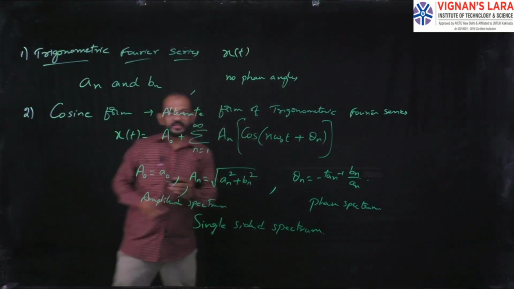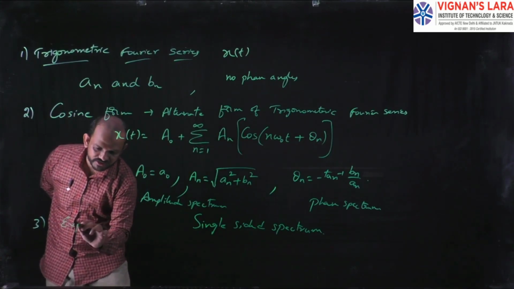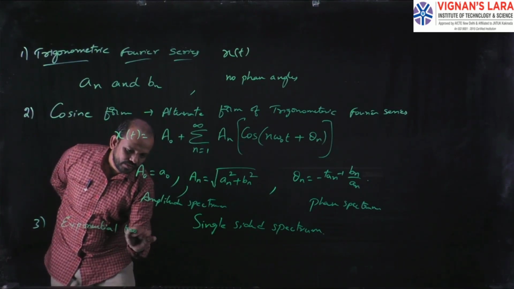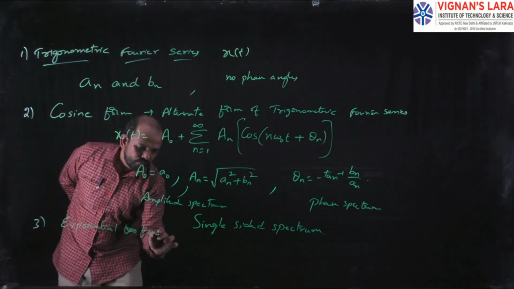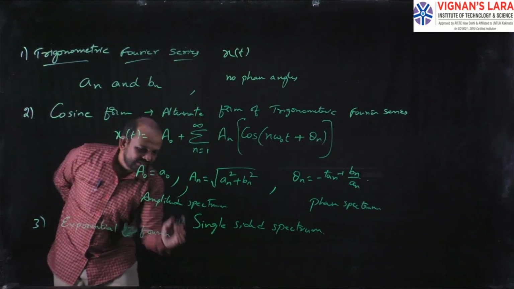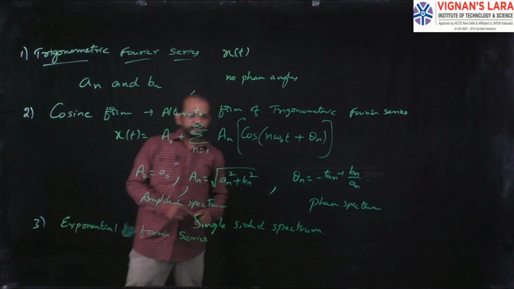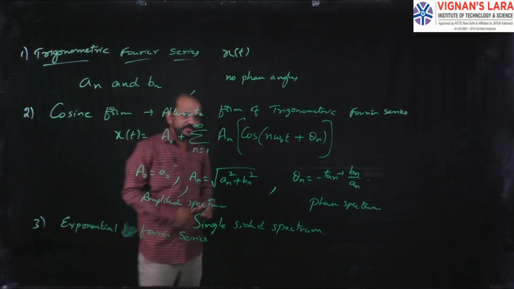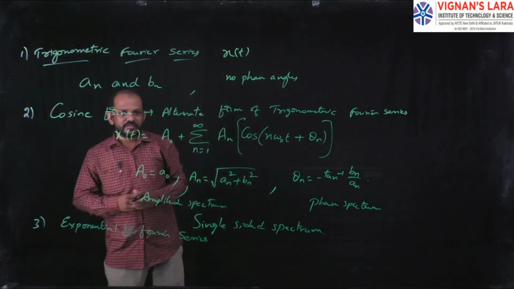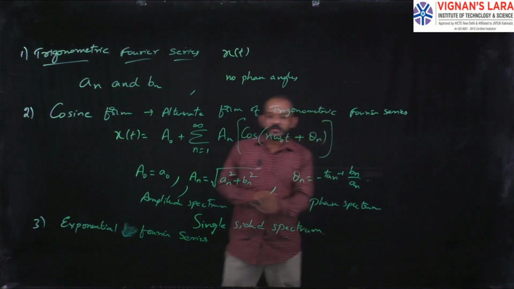Okay, now the last one, the third one, that is nothing but the exponential Fourier series. In this exponential Fourier series, we will have the Fourier coefficients as Cn. It has an amplitude coefficient Cn, which is a complex one.